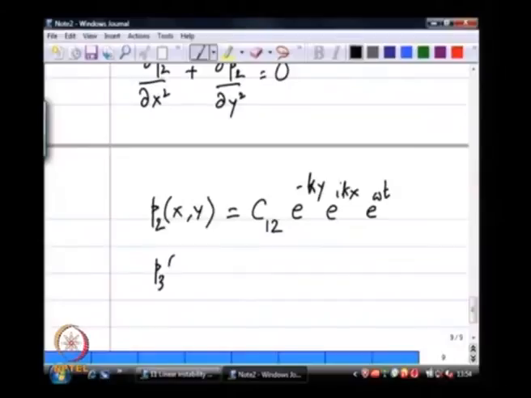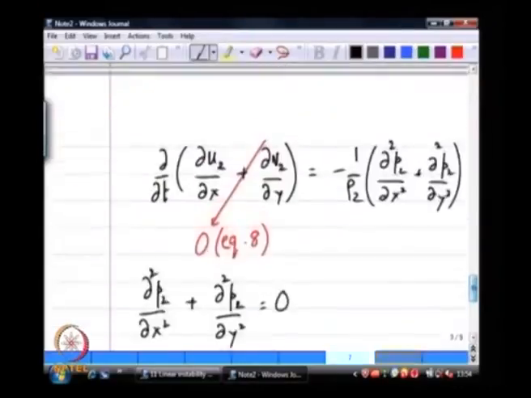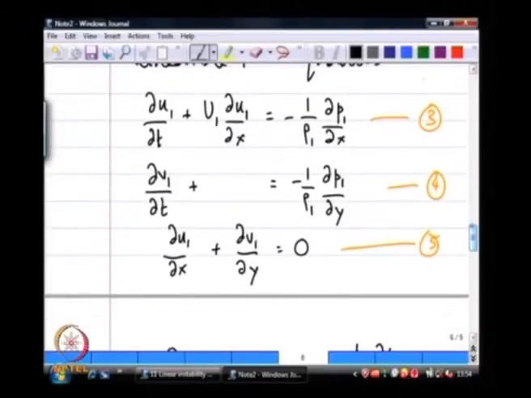P 3, which is the fluid below, I can write as e power k y, e power I k x, e power omega t. I can do the exact same thing for fluid 1, which is here.